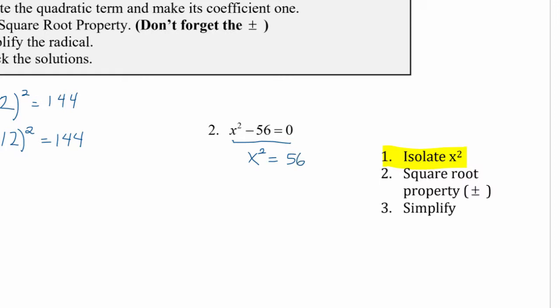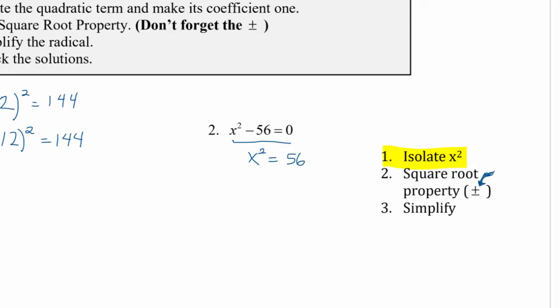Then the second step is we're ready to do the square root property. And then we have to remember that plus or minus. And we discussed why in the first example, right? We're going to get those two answers that square to get 56. Okay. Now, you might be feeling a little nervous about 56 because it's not a perfect square. That's okay. We're just going to use our properties of radicals that we did in our last chapter to simplify the radicals.